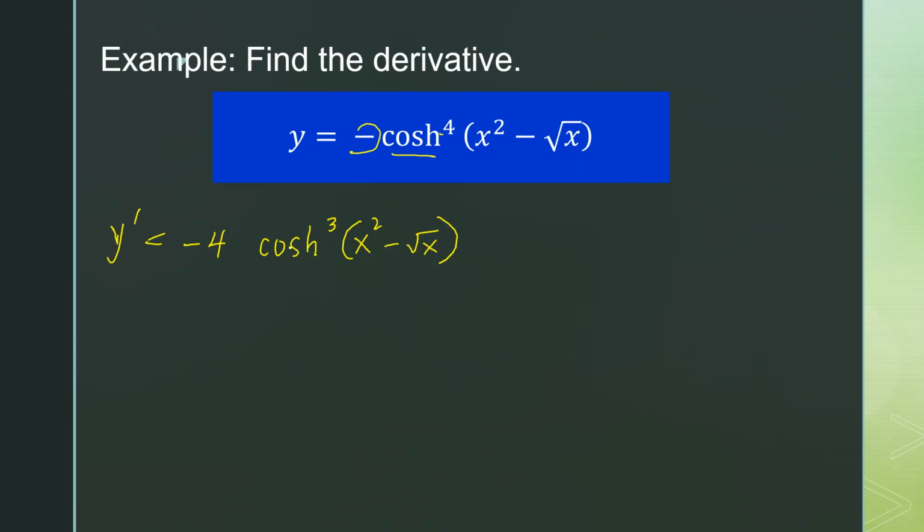Okay. Tapos, differentiable pa po ito no? So, that means we have to differentiate that. So, multiply by the derivative of x squared. That will be 2x minus the derivative of square root of x, which is square root of x over 2x.